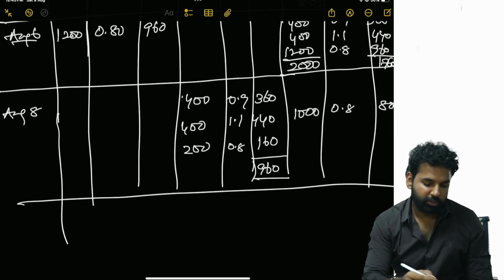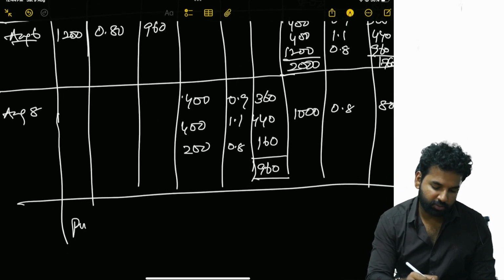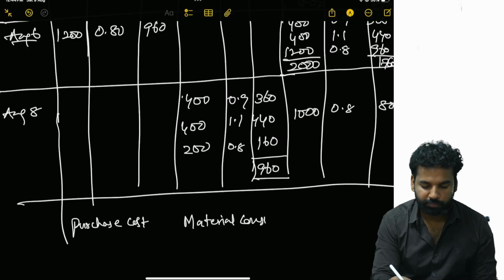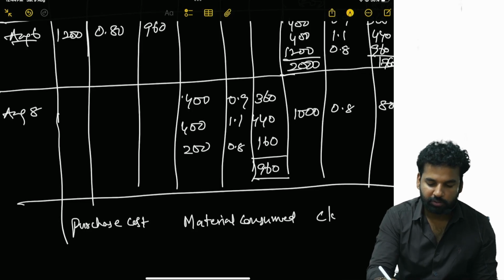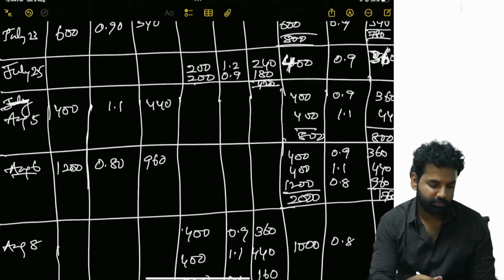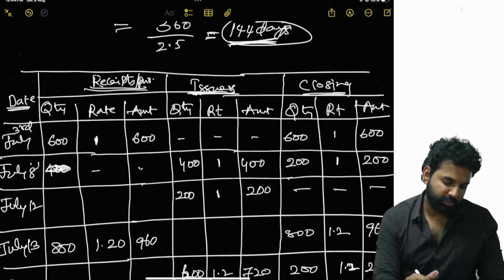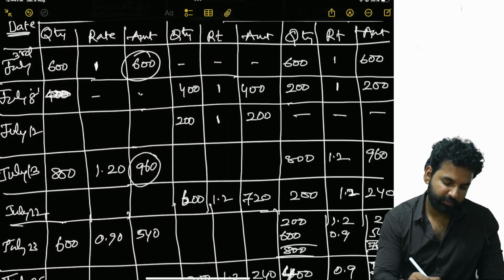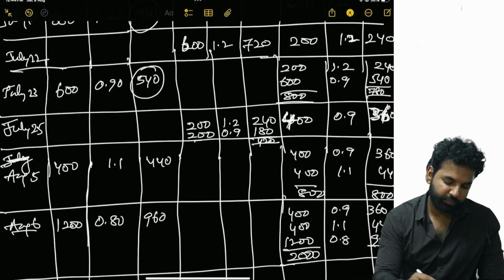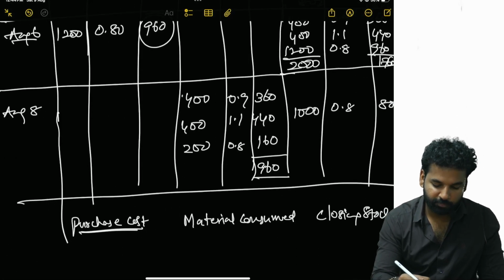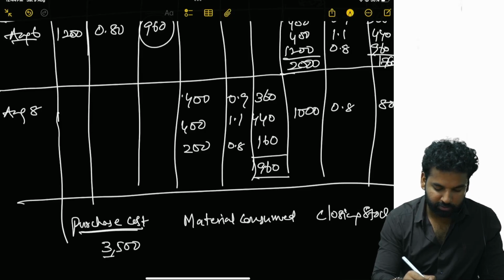So now you can tell what is the purchase cost, what is the material consumed, what is the closing stock. What is the purchase cost? 600, 960, 540, 440, 960. 3500 will be the purchase cost.